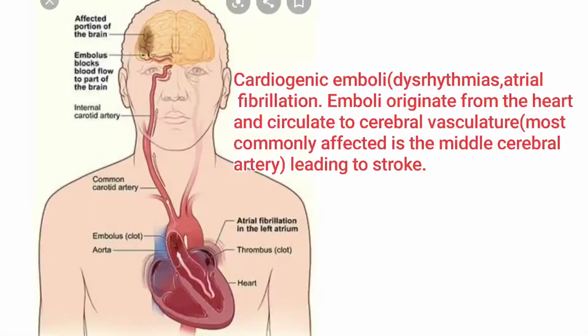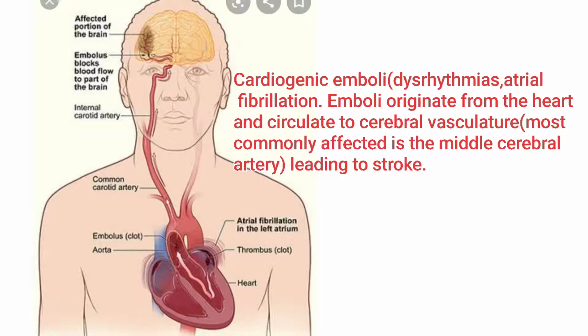In cardiogenic emboli, an embolus is an abnormal particle such as an air bubble circulating in the blood, and it can be seen in cardiac dysrhythmia, which is seen when the electrical activities of the heart are recorded.